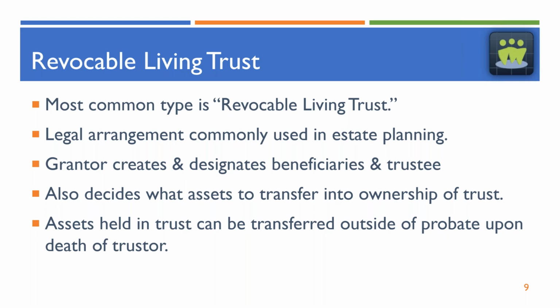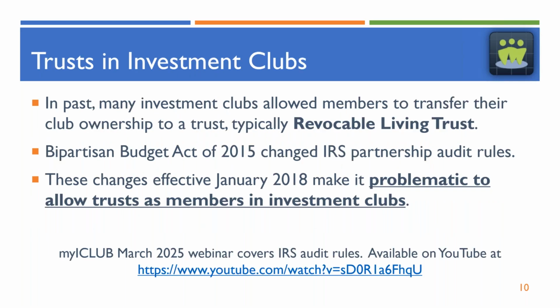So that means your estate gets settled a little sooner, at least some assets, because the assets in the trust don't have to go through probate. And in some states, probate costs are actually quite high, so that also avoids some costs with probate.